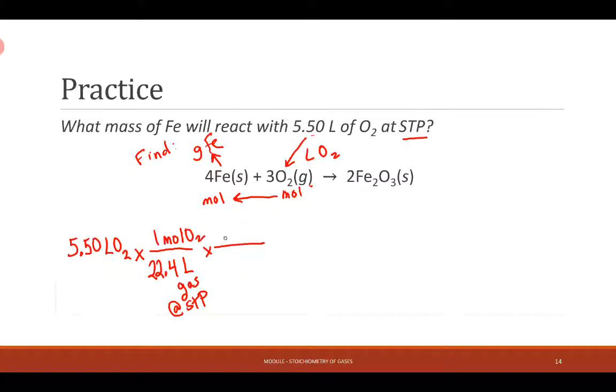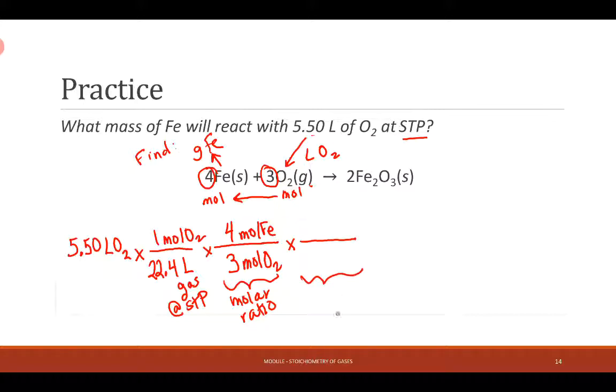This is O2. Now we need to cancel out our moles of O2 and get into moles of iron. This is our molar ratio from our chemical equation, also known as the stoichiometric factor. That's a 3 coefficient in front of the oxygen and a 4 coefficient in front of the iron.